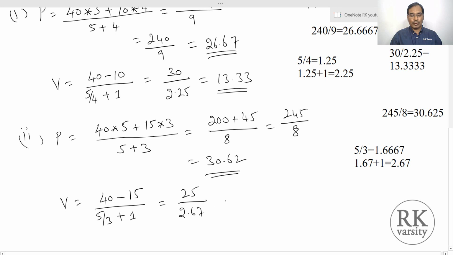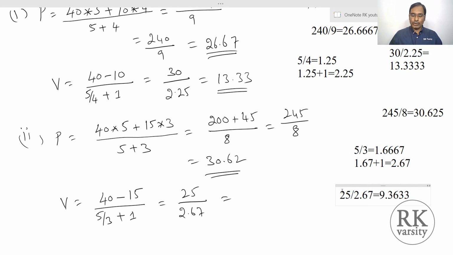So this equals 25 upon 2.67, 9.36. So the value of a rights issue is 9.36 if the shares are issued at rupees 15 per share.